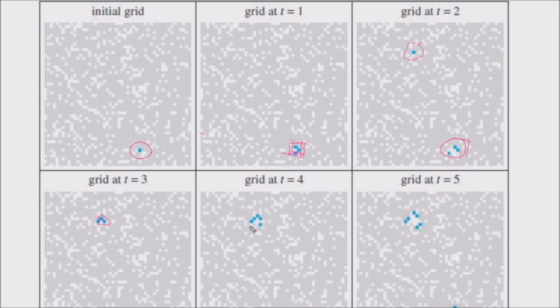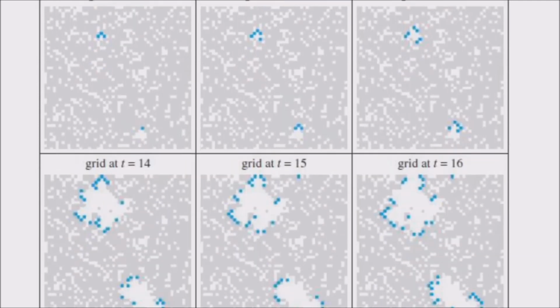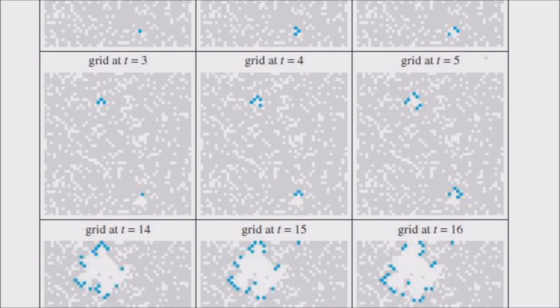So here again it's spreading and spreading. You can see the simulation is starting to pick up, showing some spreading of fire throughout the system. And this is only t equals 5.